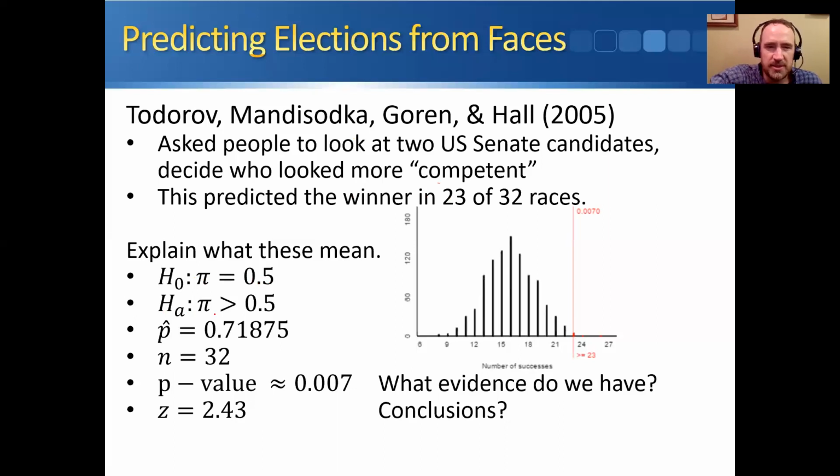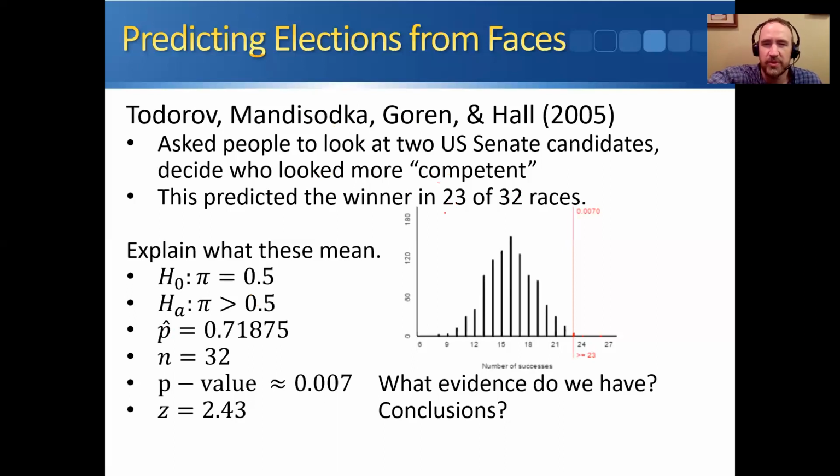Alternative hypothesis is that the proportion of success, the more competent person winning the race, is greater than 50%. We suspect, our researchers here suspected that the person who looked more competent might have an advantage in their race and end up winning the race more often. So greater than 50%. P hat, that's the proportion of success in our data. And here 23 of 32 were successes.